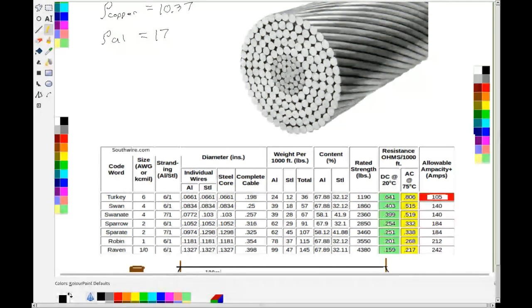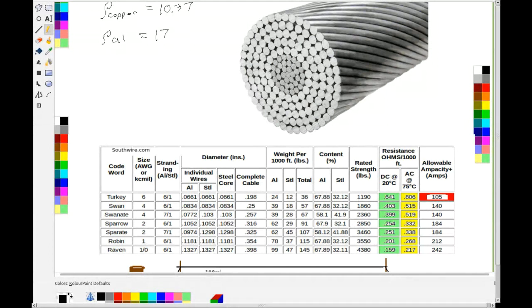But you also have to remember that as current is flowing through this, it's heating it up. On a very hot day in the summertime when it's 90 or 100 degrees out, with the sun beating down on it and lots and lots of current running through it, it's going to be way, way hotter than room temperature. So you have to keep that in mind too.